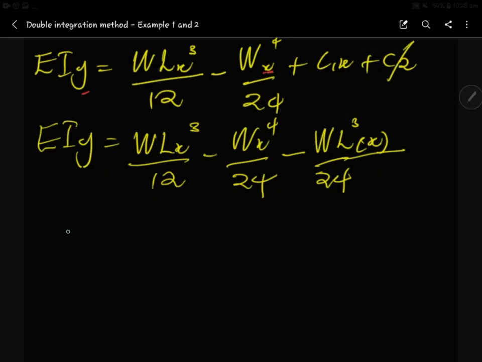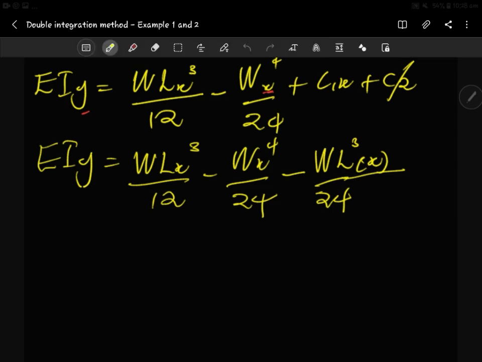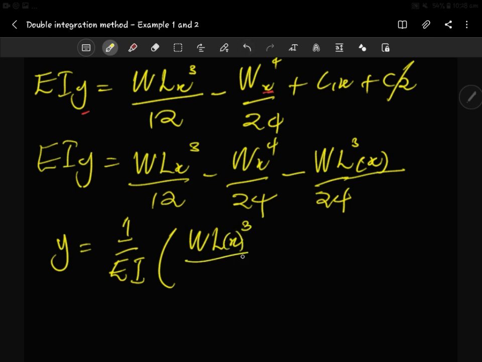So let's see. Okay, we'll have our y, right? Our y now will be 1 on E I, we have W L x to the power 3 on 12 minus W x to the power 4 on 24 minus W L to the power 3 times x on 24.